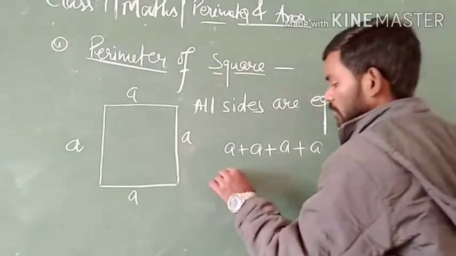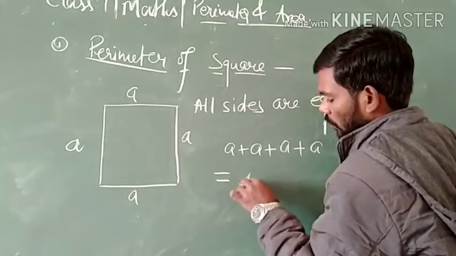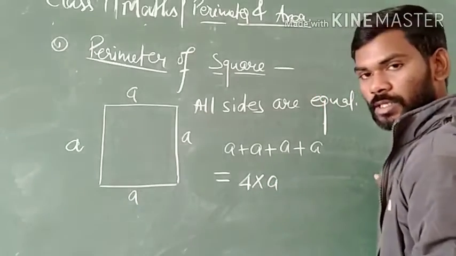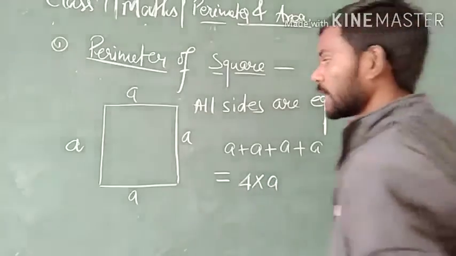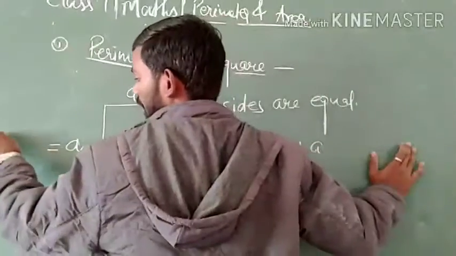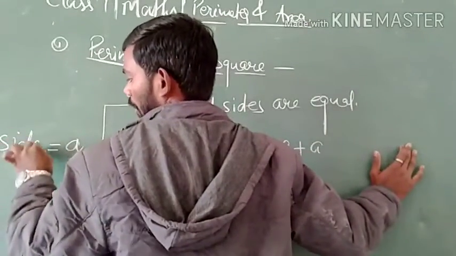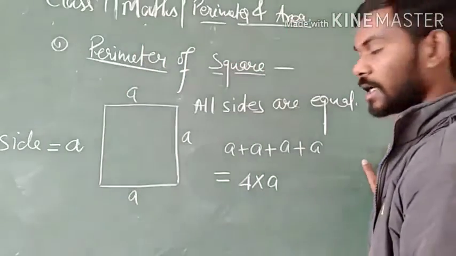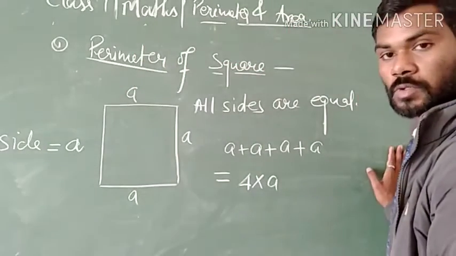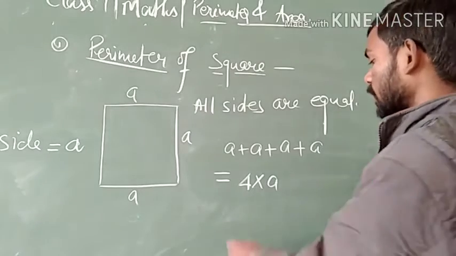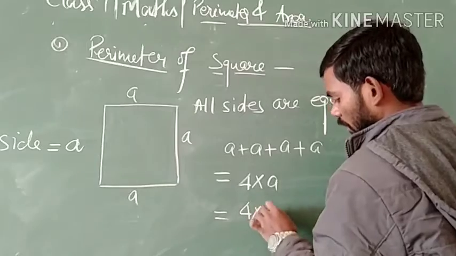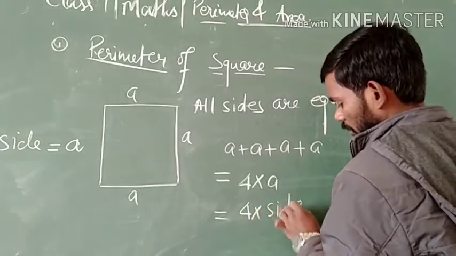So it can also be written as 4 into a. What is a? You will say a is the side of the square, so it can be written as 4 multiplied by side.